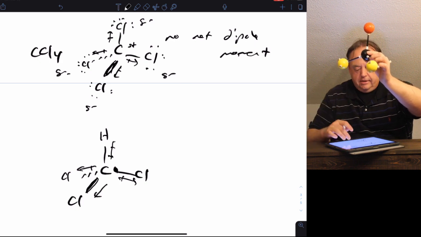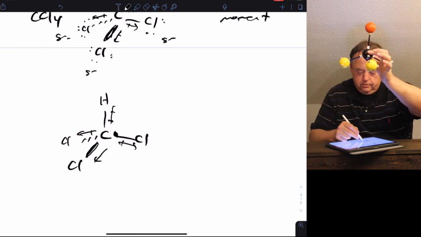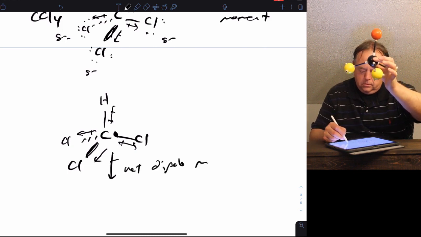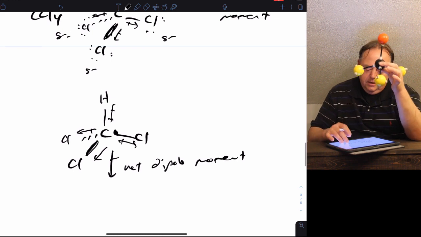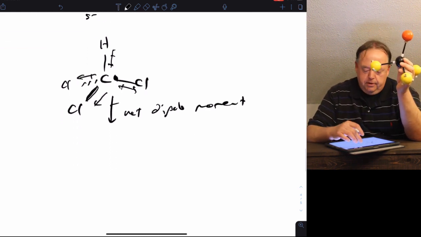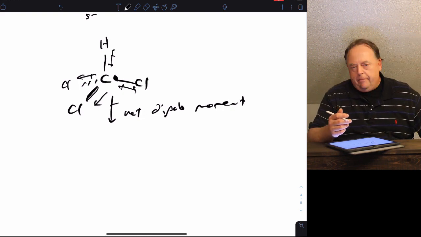So this would have a net dipole moment, and it would be straight down between all of the chlorines. Basically, what you have to do with respect to dipole moment is, if you're given a molecule, predict what the direction of the net dipole moment would be.